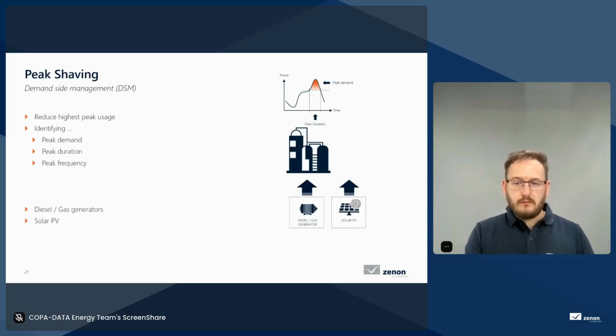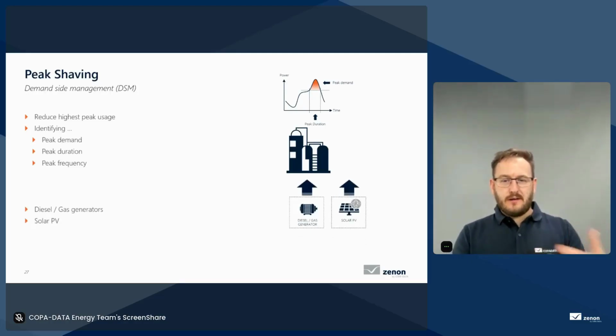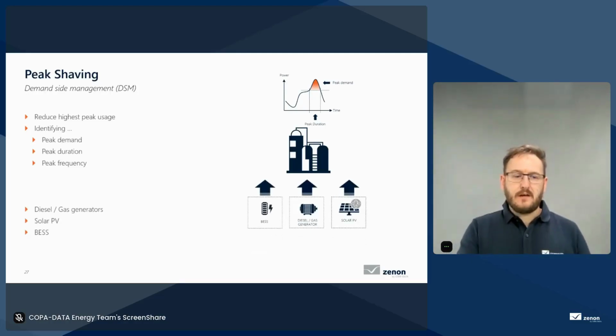So when we deploy DERs to counteract our peaks for peak shaving, we can start to make some more considerations. For example, if we went down the road of deploying a battery energy storage system, potentially lithium-ion battery storage technology, because it typically has a fast response time, then we can also start to consider where my low demand points for my facility are.